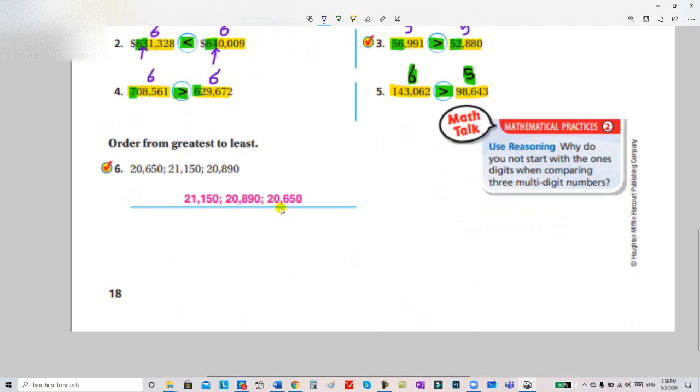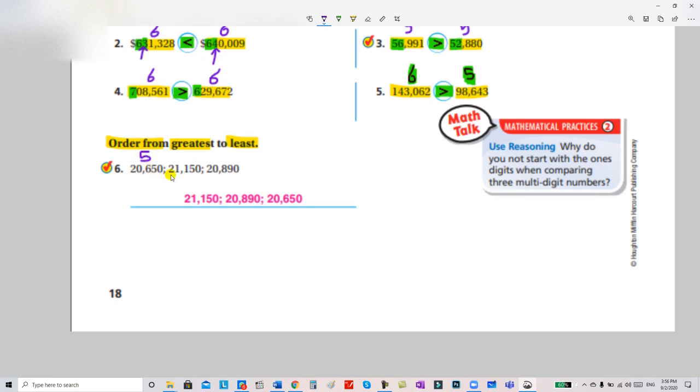Let's order the three numbers without using a number line. Let's learn how to order them from greatest to least. So this time we are going to order from the greatest number to the least number. Firstly, you have to count the digits of each number. We have here 1, 2, 3, 4, 5, so 5 digits.